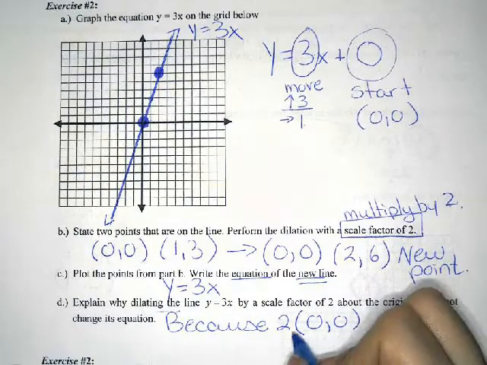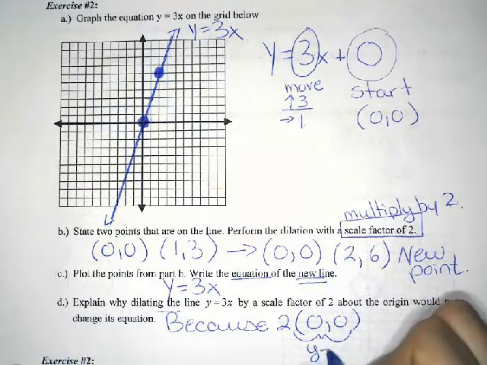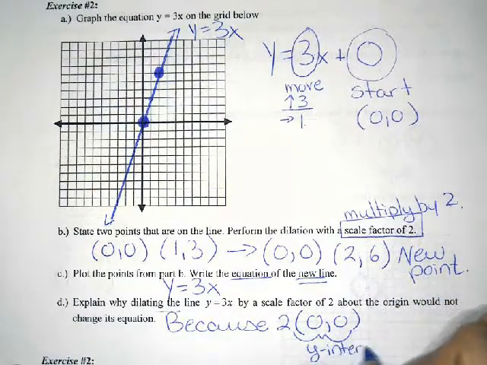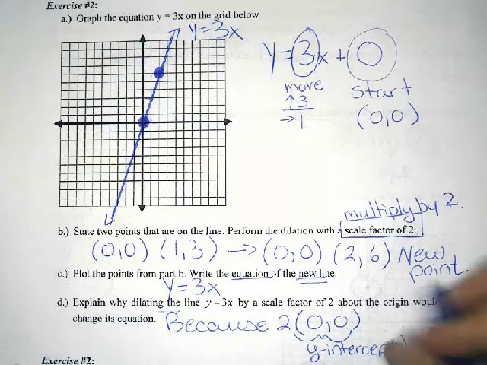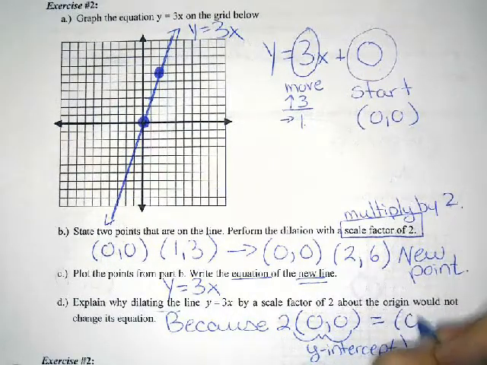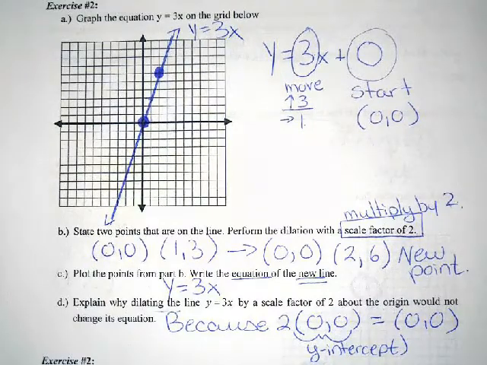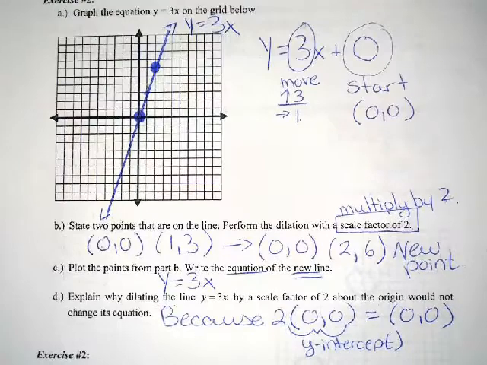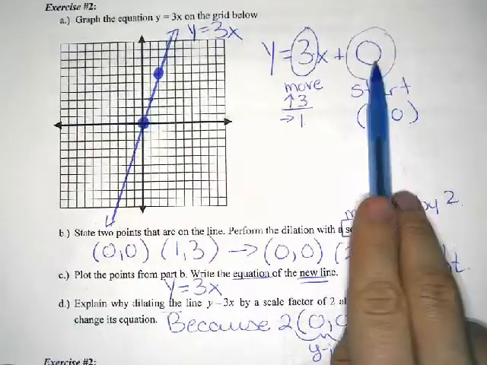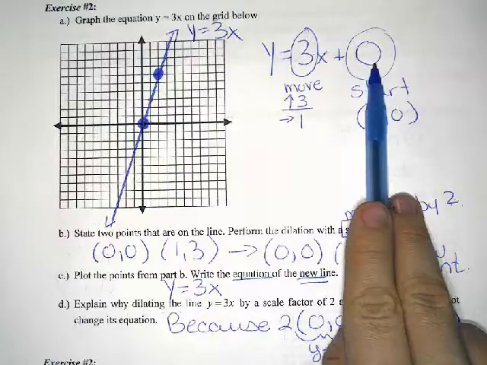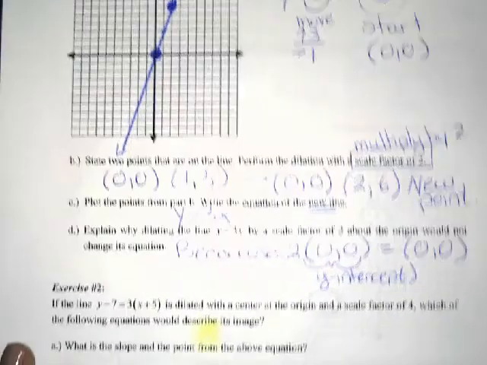Now remember, this 0, 0 is the y-intercept, equals 0, 0 still. So it's not moving up or down at all. It can't move at all because I don't have any numbers to multiply by. Okay? So that's the one case where it can't affect the y-intercept because the number is 0.